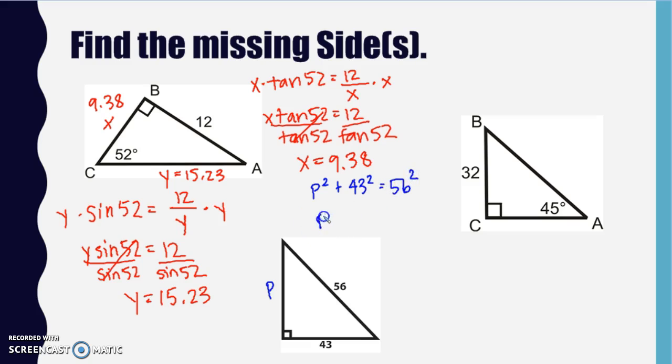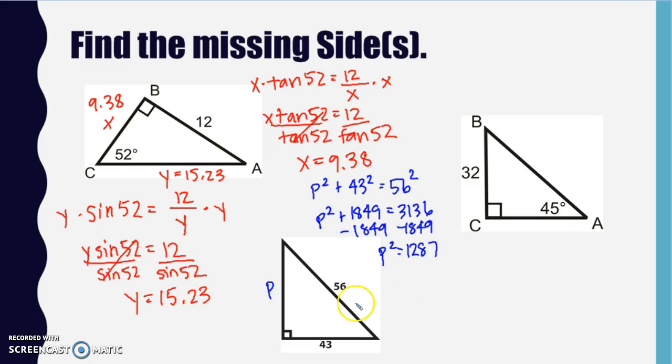So 43 squared is 1849. 56 squared is 3136. Subtract 1849. So we get p squared is, let me do my calculations, 1287.